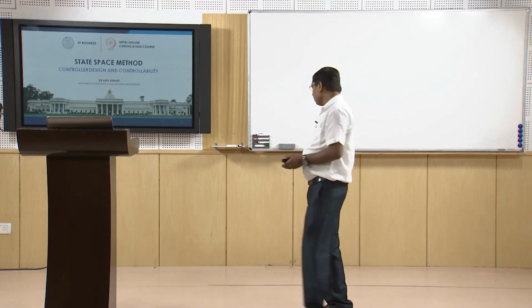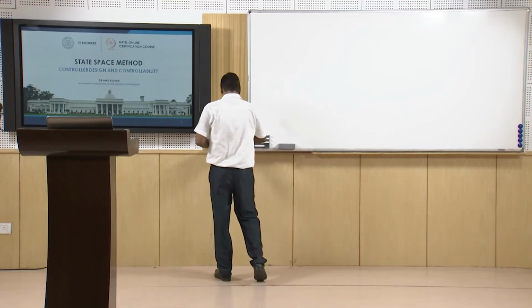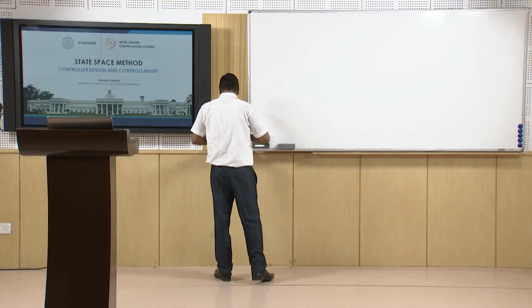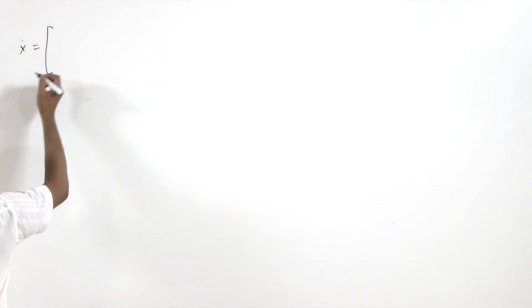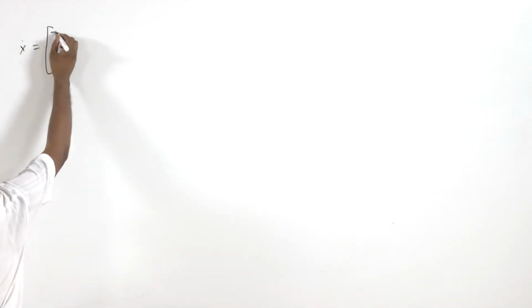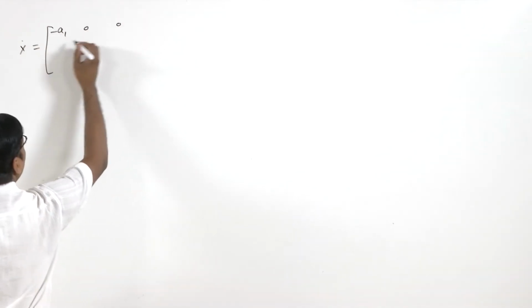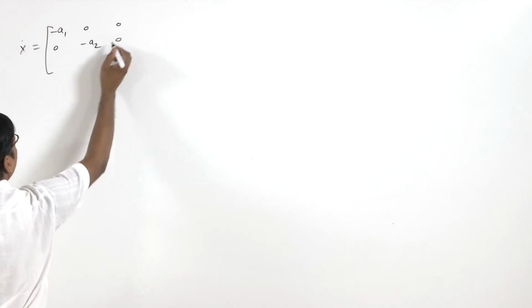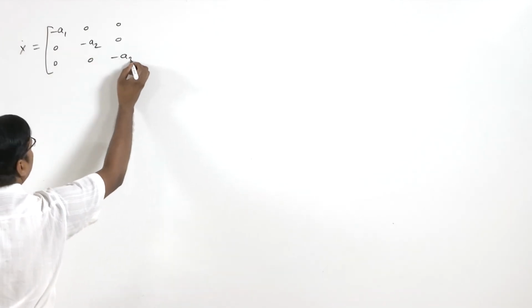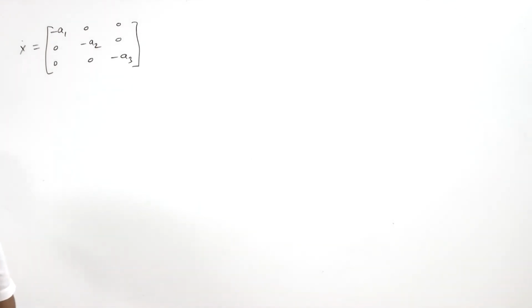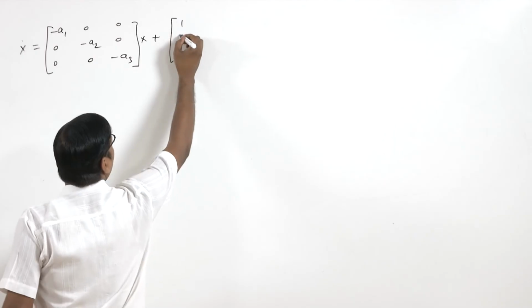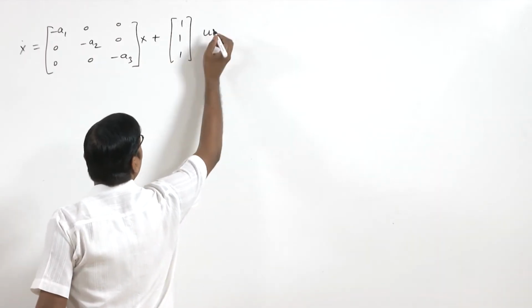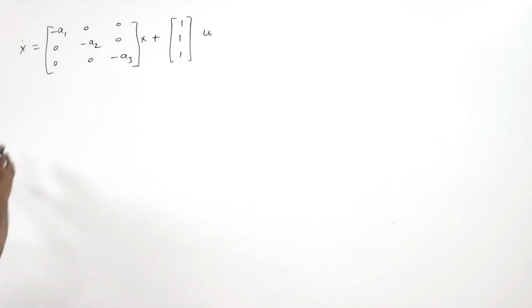So for example, let's take a system x dot equal to [minus a1, 0, 0; 0, minus a2, 0; 0, 0, minus a3] x plus [1; 1; 1] u. Now what is this system?